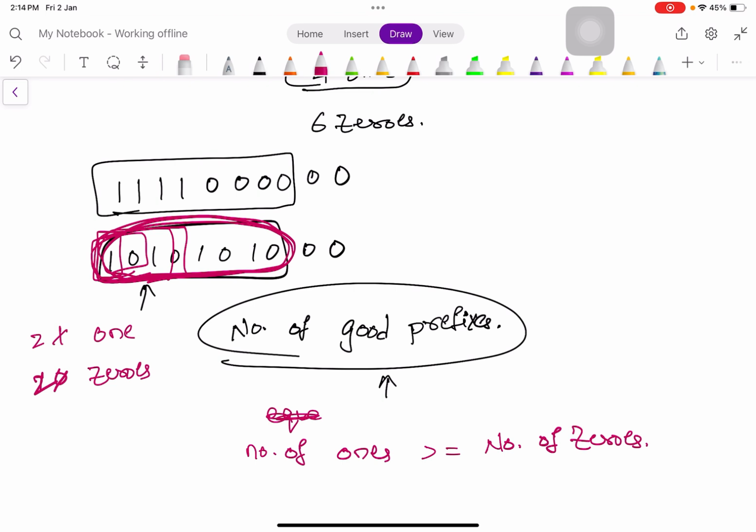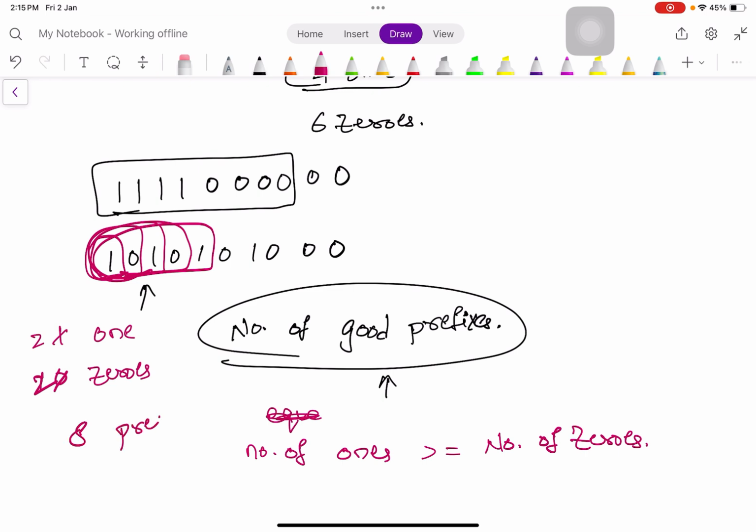Now if we see how many prefixes we have: if I take a single element, that is one prefix. If I take the first two elements, that is the second prefix. The first three elements, the third prefix. The first four elements, the fourth prefix. The first five elements, the fifth prefix. Like that, if I keep going, I have a total of 8 prefixes here.